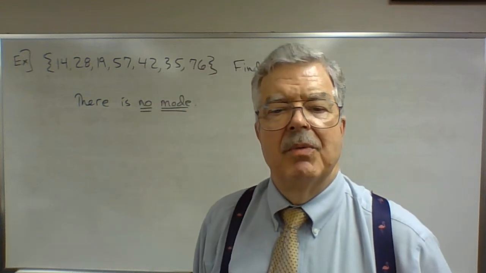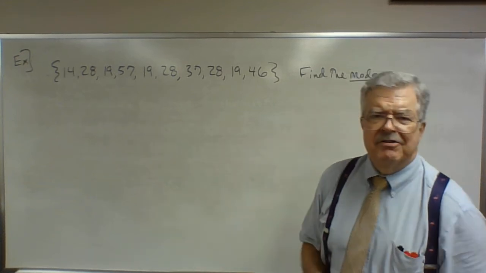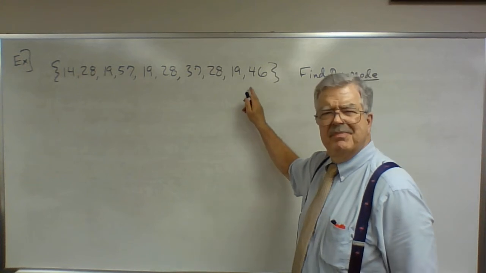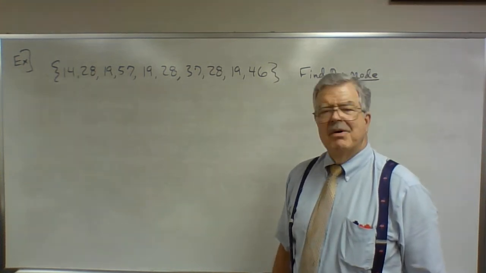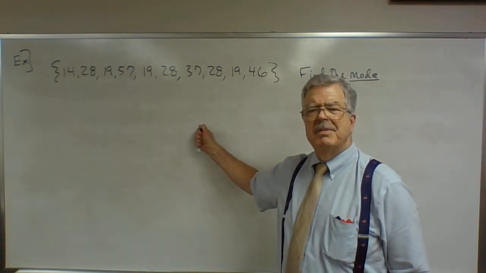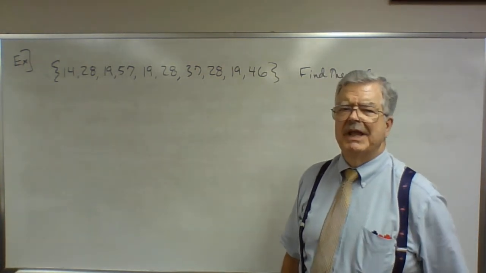One more example with modes. I've got a set of data here, and I guess there are about 10 values. I don't have to write these values in ascending order, but I think I will because there are enough values here that I'm not really sure what I'm looking at.